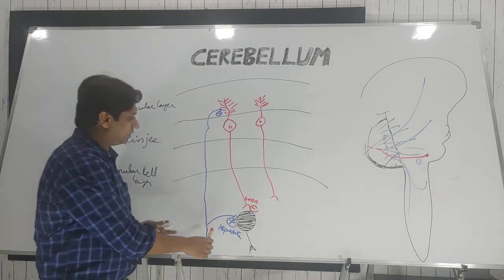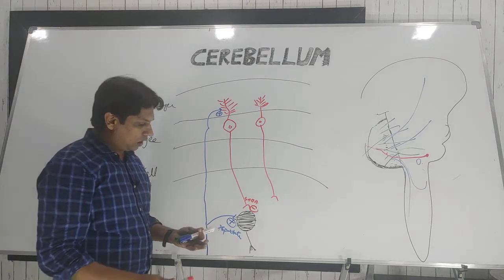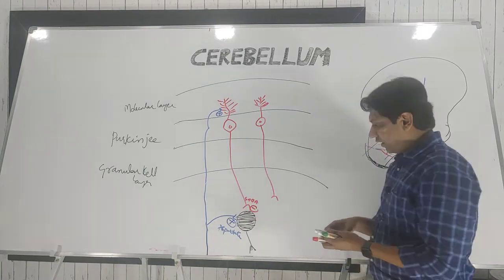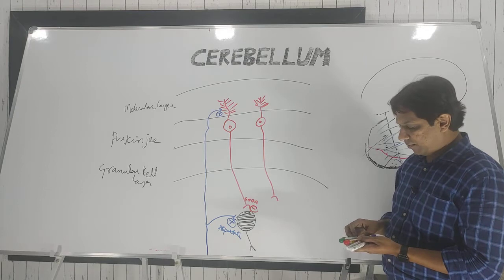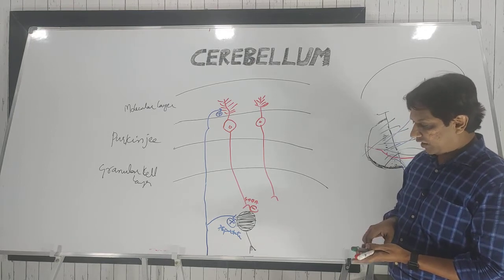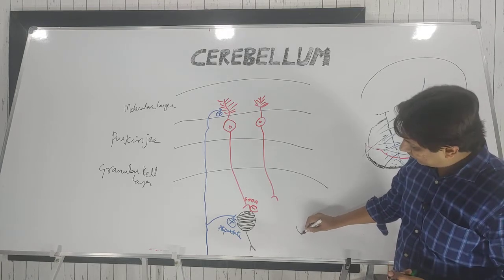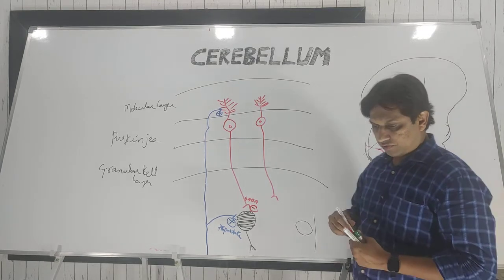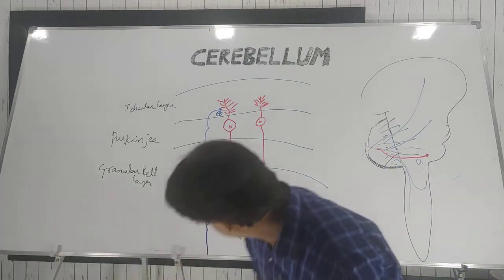Okay, so this is one of the circuitry diagrams here. Then, as you know, there is one more group of afferent fibers, the mossy fibers.